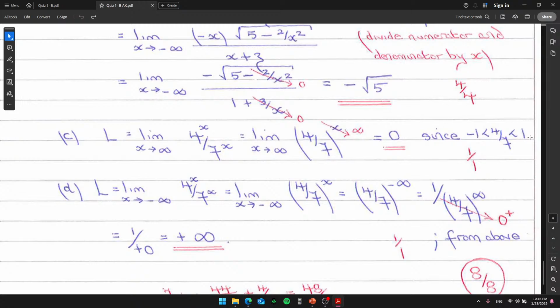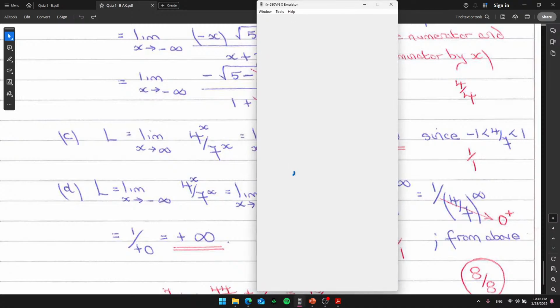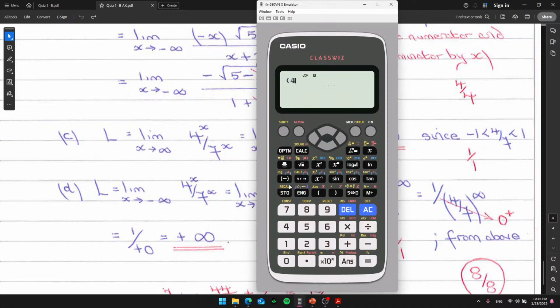When it's 7 over 7, it's equal to 1, but it's less than 1 because it's 4 over 7. So when you raise a fraction to a very large number, it goes to 0.